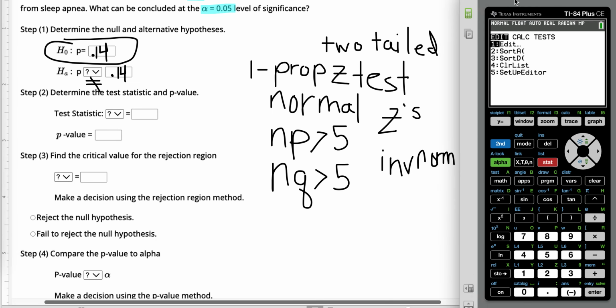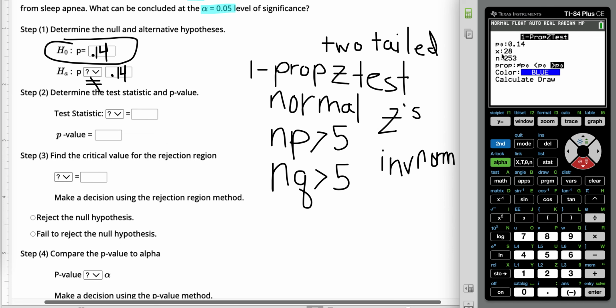So I'm going to go to stat, over to test, and I'm going to scroll down and look for one prop z-test, which is right here. It's my option number 5. I'm going to hit enter, and then I'm going to put in all of my information. It says that the p should be 0.14.